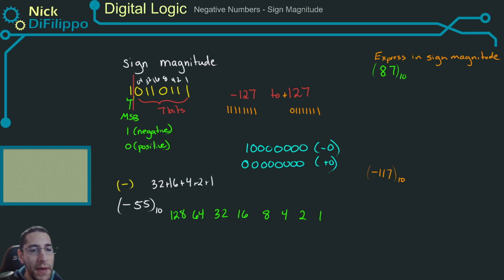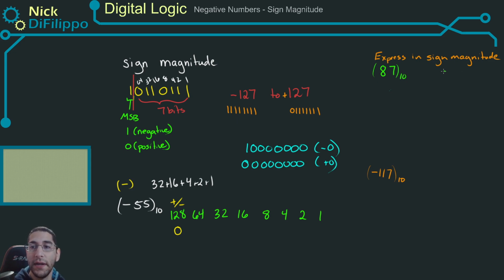Now, in sign magnitude, we know that this 128 place is going to be a 1 or a 0 based on if we're positive or negative. In this case, this is a positive number, so my most significant bit is going to be a 0. And now we just have to convert this number to binary.